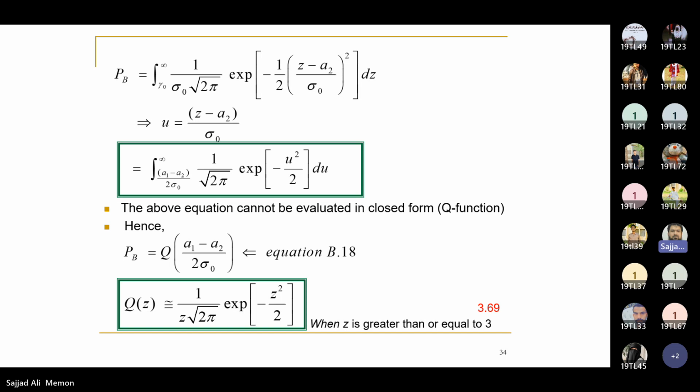When Z is greater than or equal to 3, we use this equation. Otherwise, we use the Q function table that is given in the appendix of the Bernard Sklar book. You can even find it on the internet, and that is put for A1 minus A2 by 2 psi naught, the limit of U.